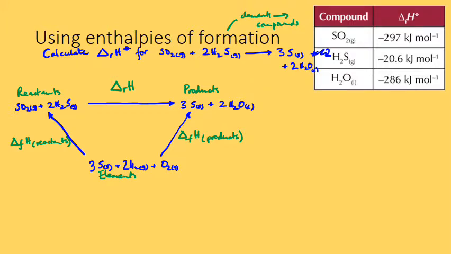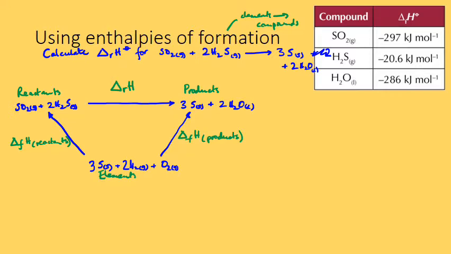Scientists have done these formation reactions. They've made sulfur dioxide and hydrogen sulfide out of the elements, and they've also made water out of its elements as well. And the results are in this table that you see in the top right hand corner.